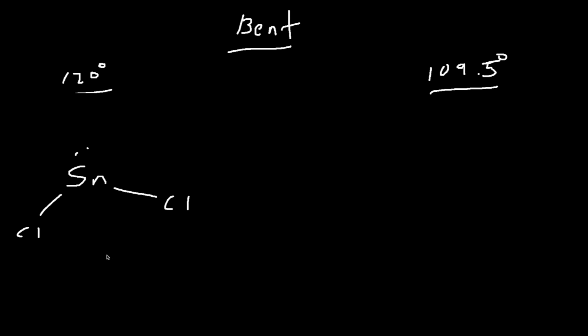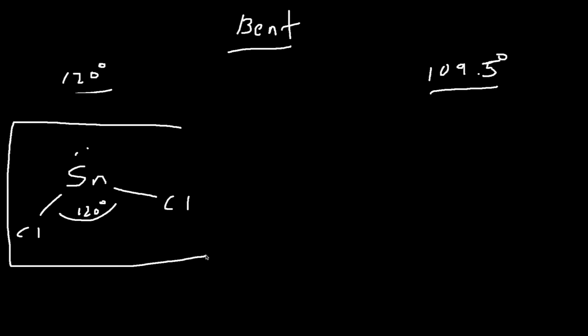So it won't be linear because of the repulsion that we have here. It's actually going to be bent 120. So that's when you have trigonal planar electronic geometry, but one of them is a lone pair. So you end up with bent 120.